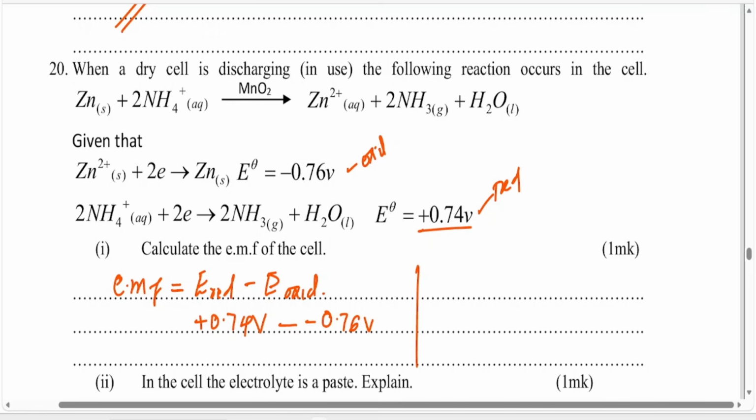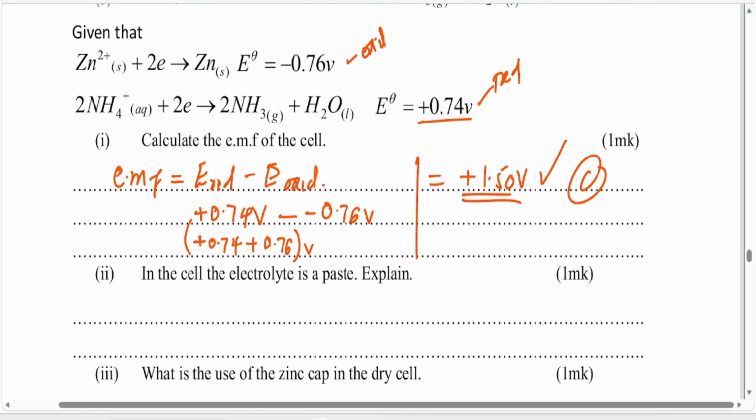So we're going to have positive 0.74 plus 0.76 volts, and we are going to obtain positive 1.50 volts. And that is the answer for that particular question.